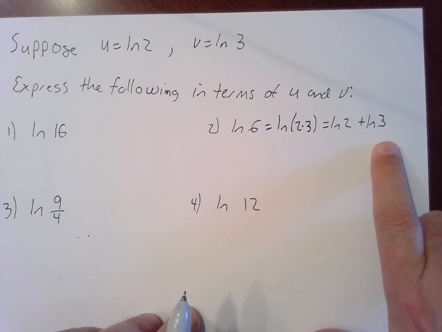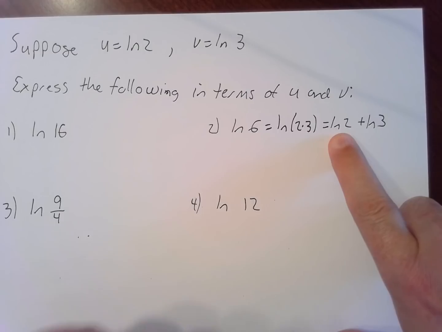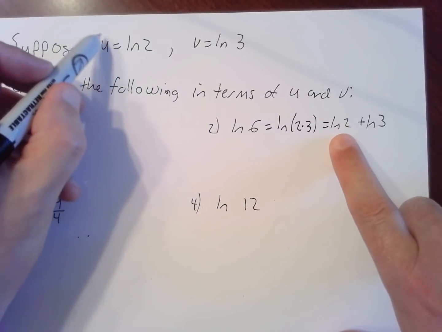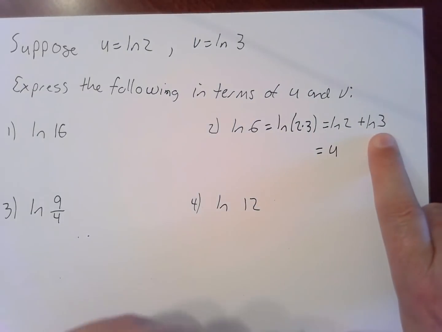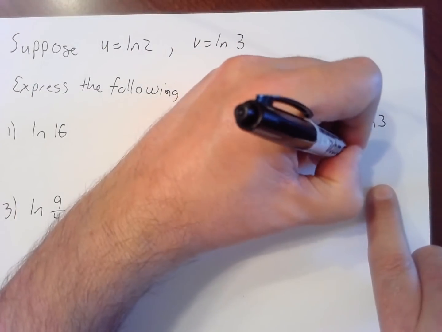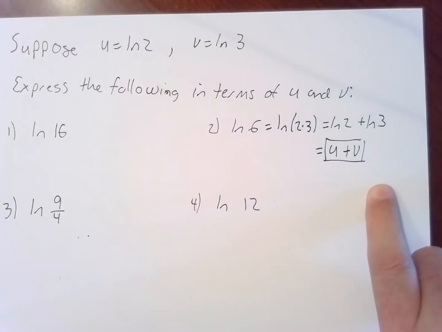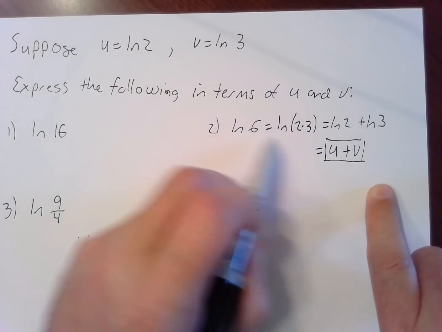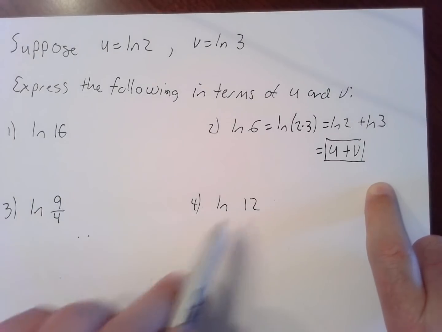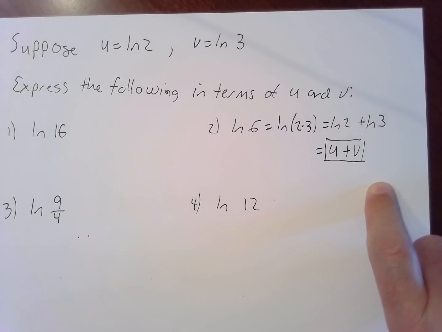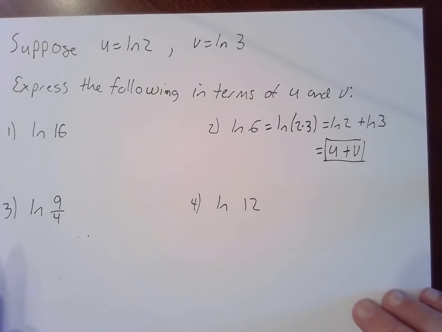But wait a minute, I gave that guy a name. Natural log of 2, I called u. And natural log of 3, I called v. So natural log of 6 is just u plus v. That's the game we're playing. I want to write each of these using 2's and 3's, maybe with some exponents and so forth.